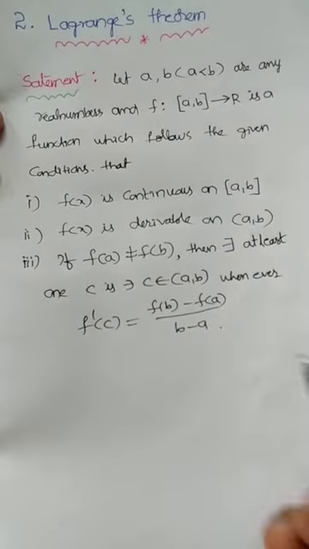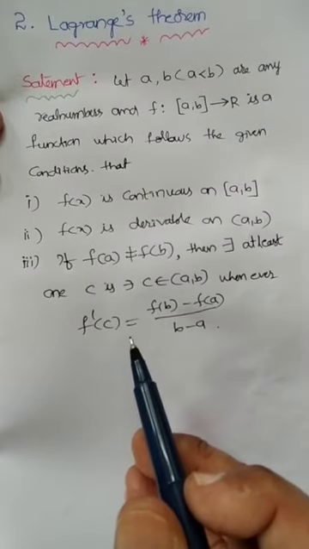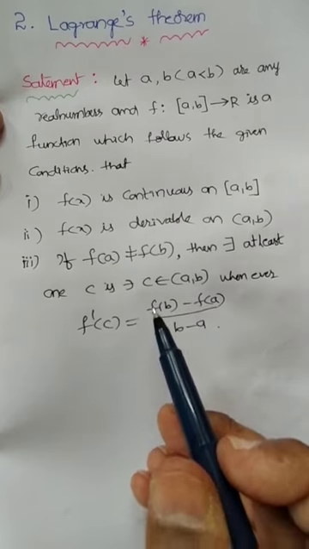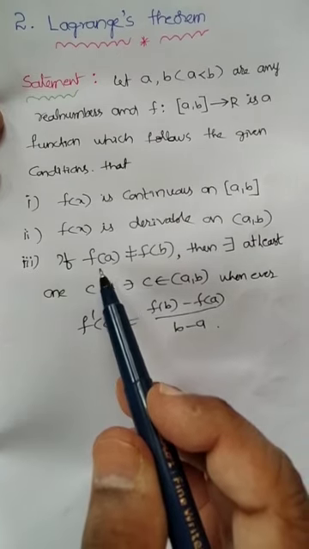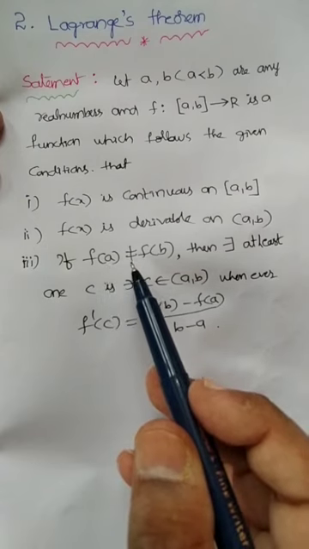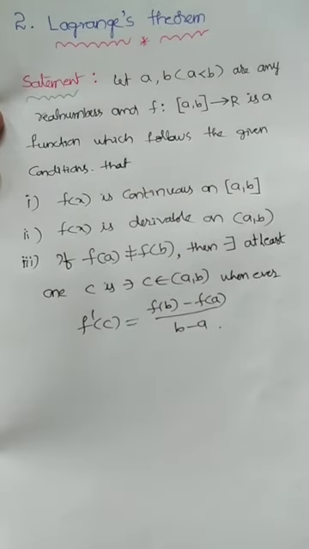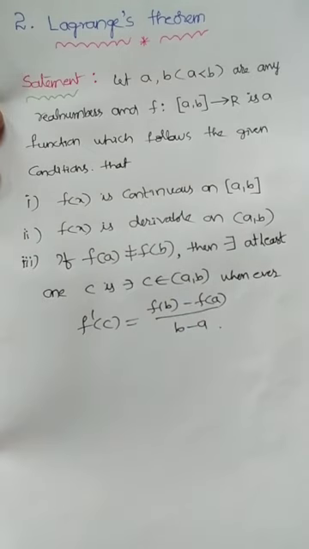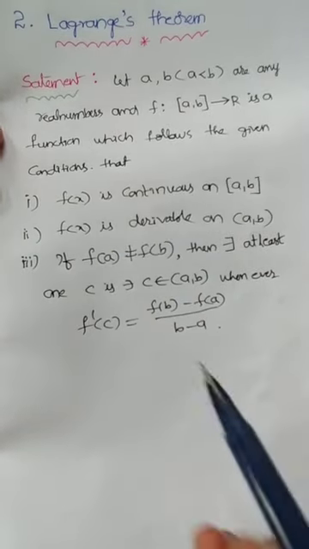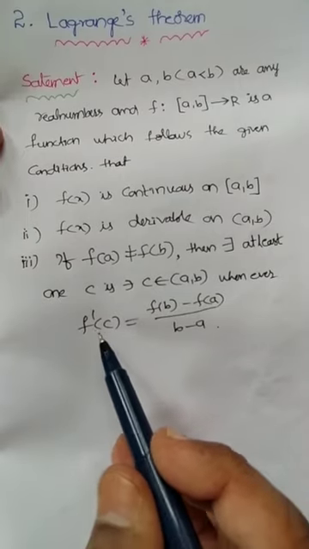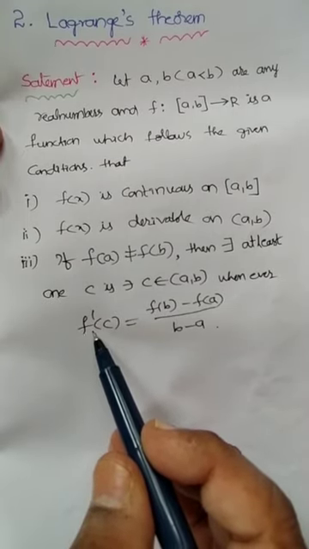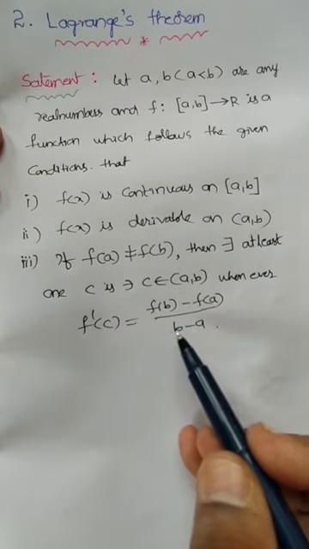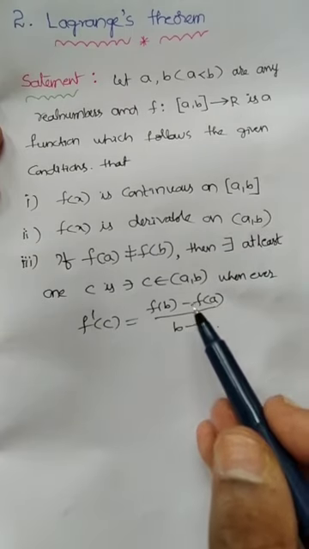So what differences did we observe in Lagrange's theorem when comparing with Rolle's theorem? In the third condition, f of a is not equal to f of b. In this case, f dash of c is equal to f of b minus f of a by b minus a.